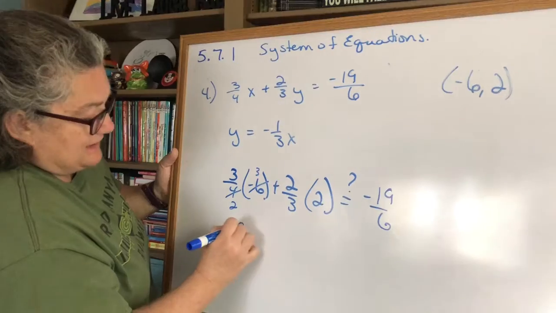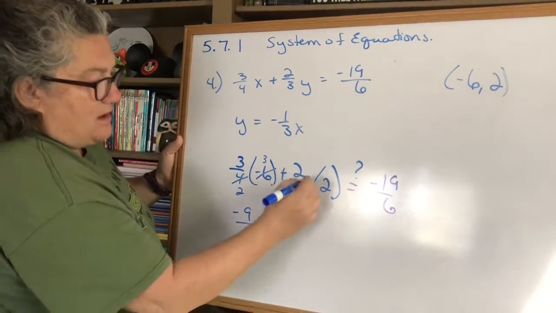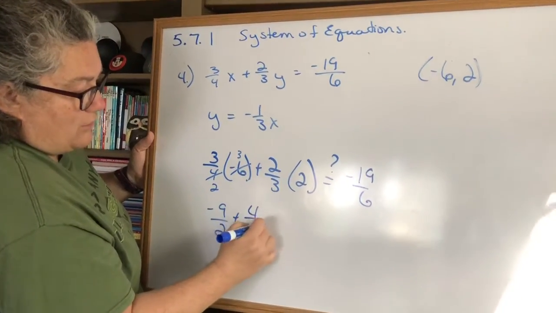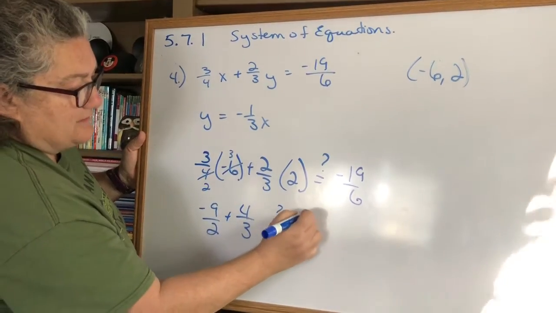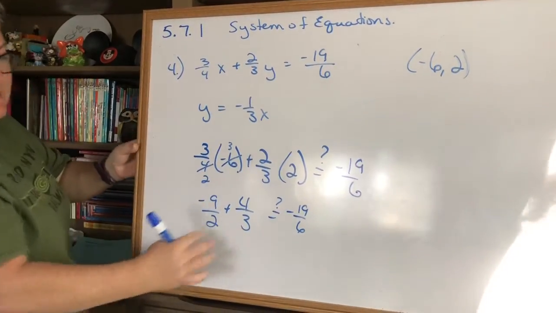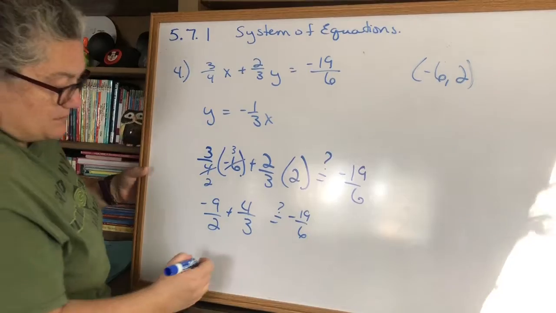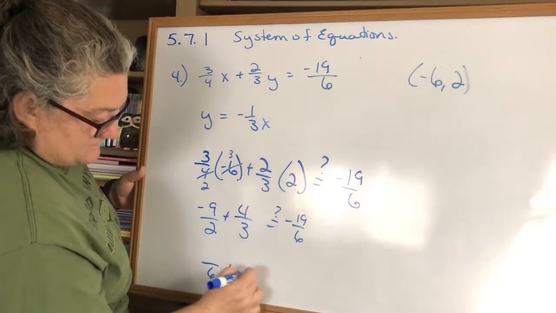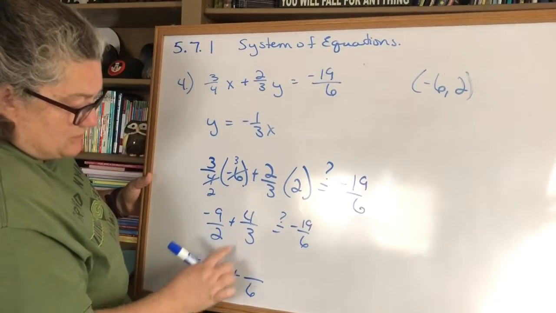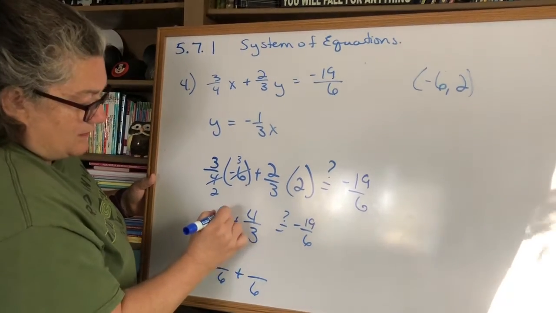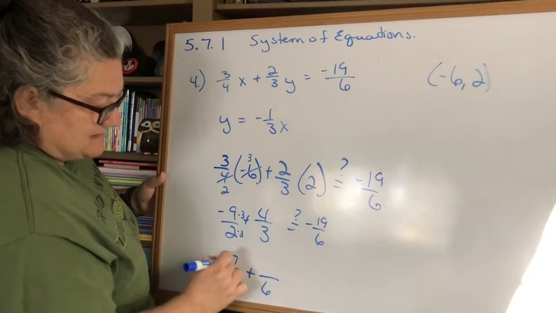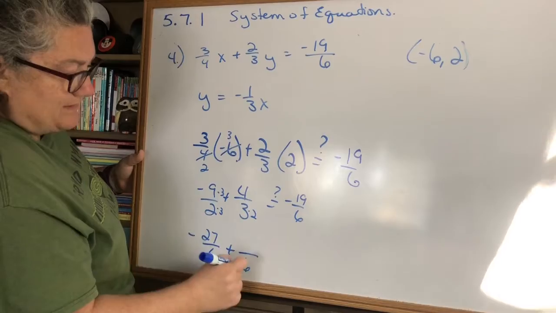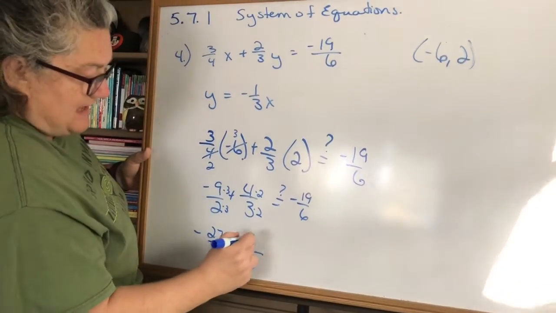So this would be negative 9/2 plus 4 over 3. Does it equal negative 19 over 6? I need to get common denominators to add. So my common denominator would be 6. 2 times 3 gets me 6. So 9 times 3 would be 27. 3 times 2 would be 6. 4 times 2 is 8.